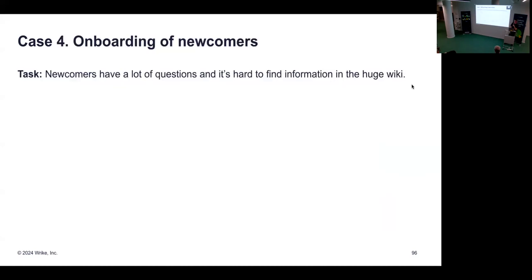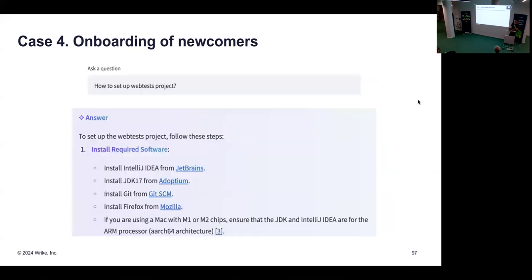And the last case, we always have newcomers in companies and they have a lot of questions. It's hard to find this information in the wiki to set up the project, and it can take a lot of time for them. But this tool makes it very easy. It can answer any question for a newcomer, but it's better to validate the answer, of course.